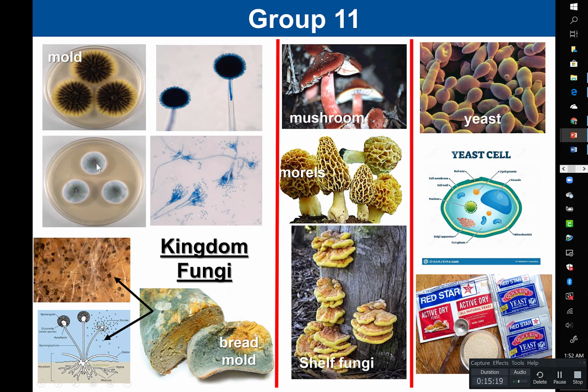This one down here, this green in this microscope picture, this is penicillium. Penicillium, you can guess by the name what penicillium might produce. It produces penicillin. Interesting story about the way that penicillin was discovered. In 1922, a scientist by the name of Alexander Fleming discovered penicillin simply by accident.